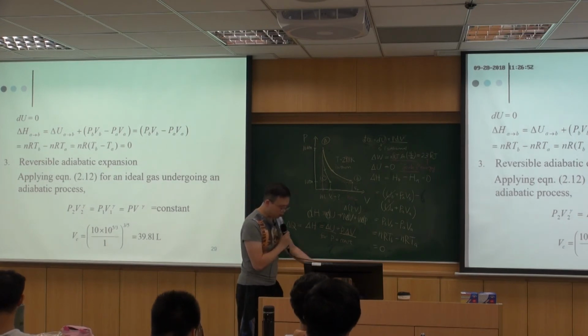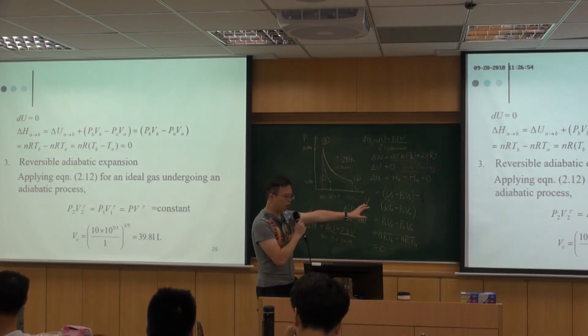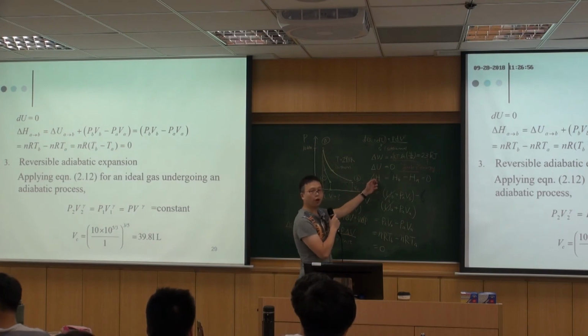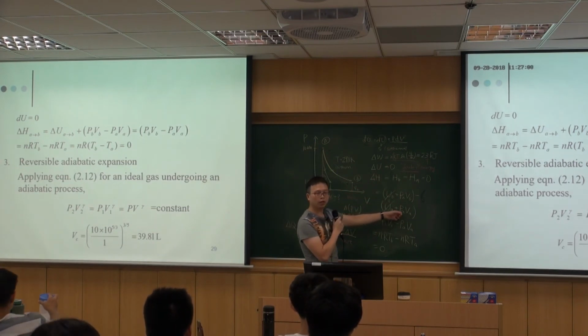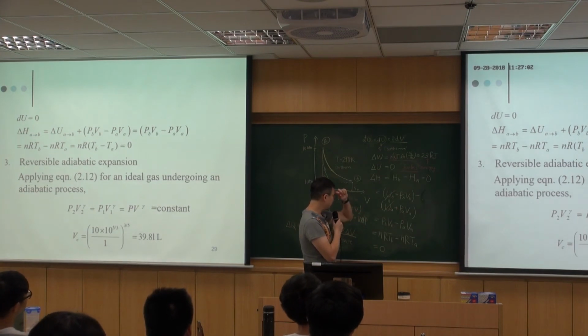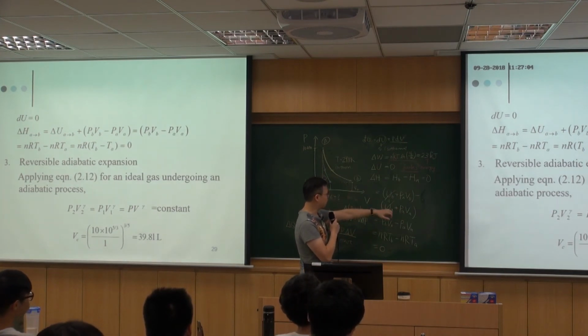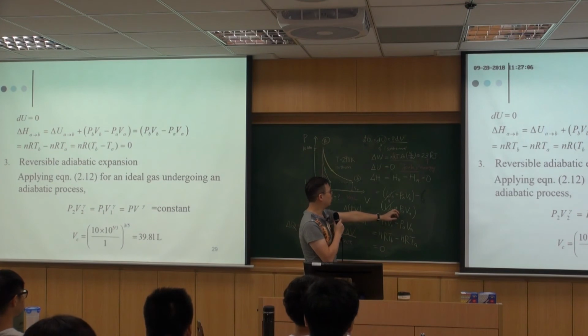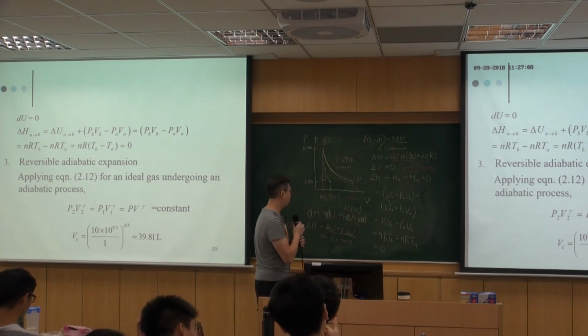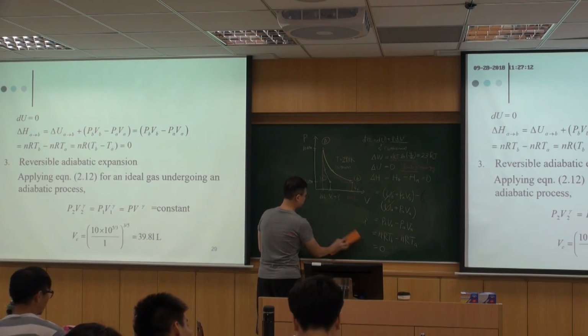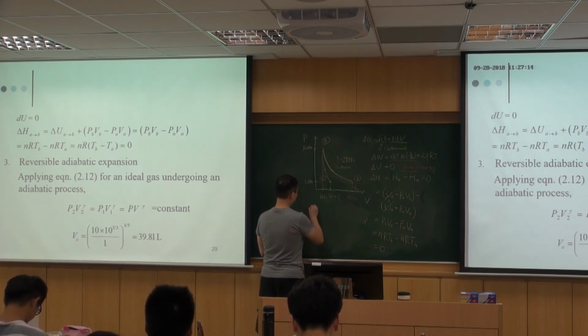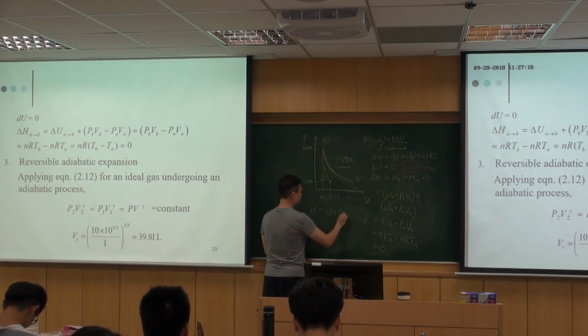Please do remember that this is a very special case. For enthalpy, people get confused by this a lot, even myself. But please remember that this is a definition: H equals U plus PV.